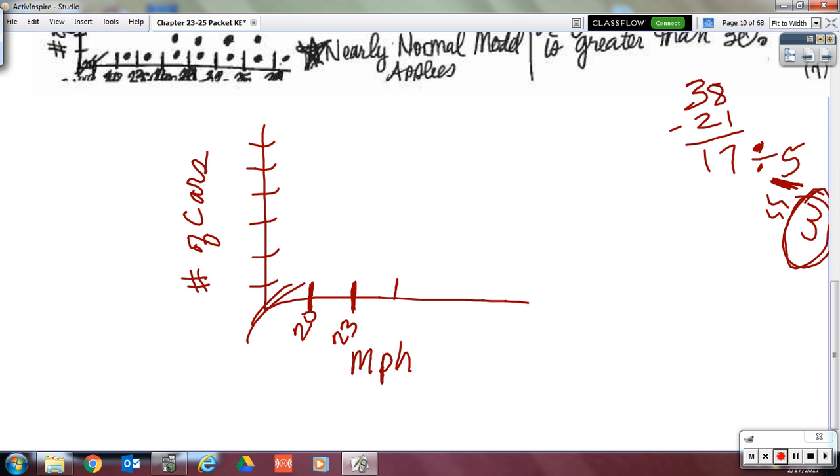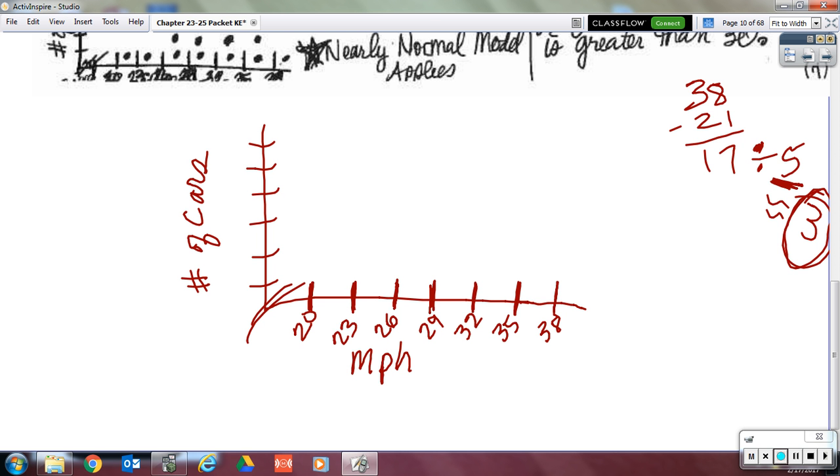The next line is 26, then 29, and so on: 32, 35, and 38.